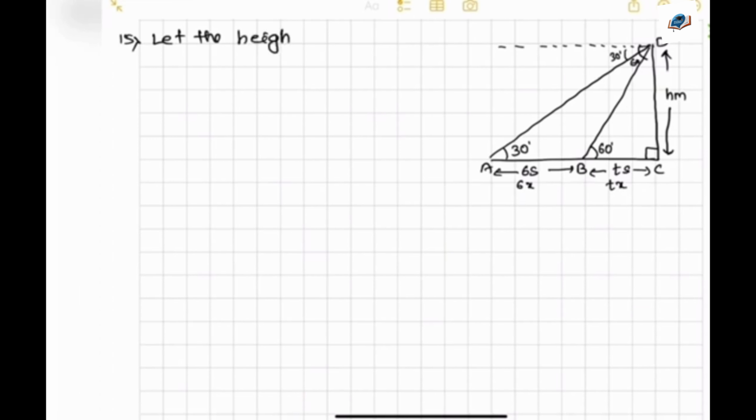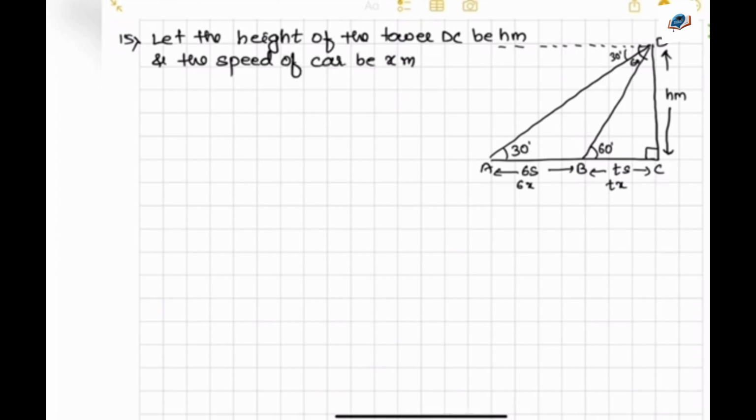let the height of the tower we have taken as DC be h meter, and the speed of car be x meter per second.